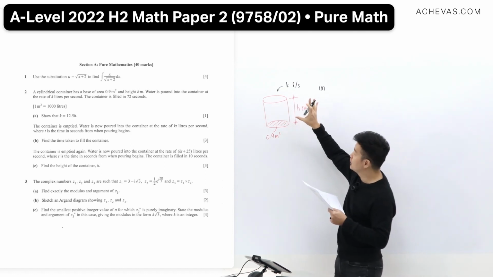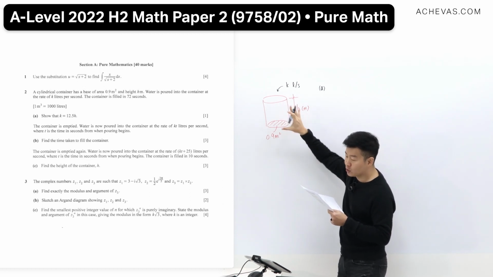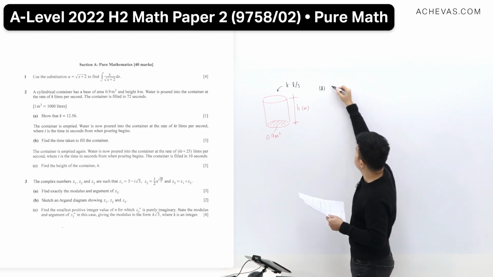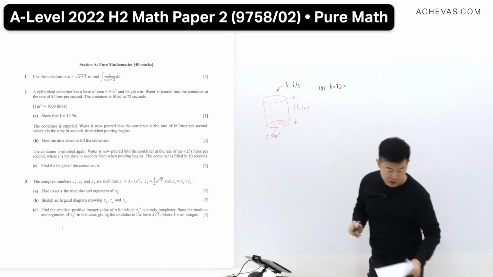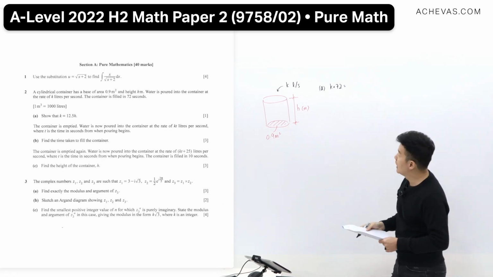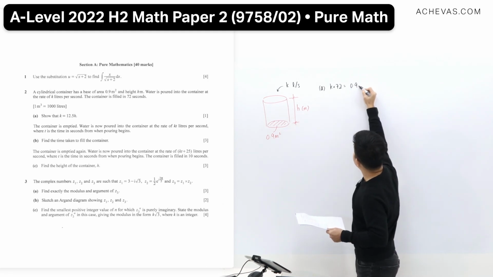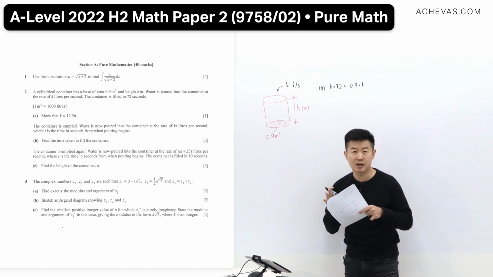We are going to look at the total capacity of the water and also match it to the total capacity of this cylindrical container. The amount of water that is going in over 72 seconds is going to be k multiplied by 72. This should be equal to the total capacity of the cylinder, which is base times height: 0.9 multiplied by h, but this will just be in meters cubed.